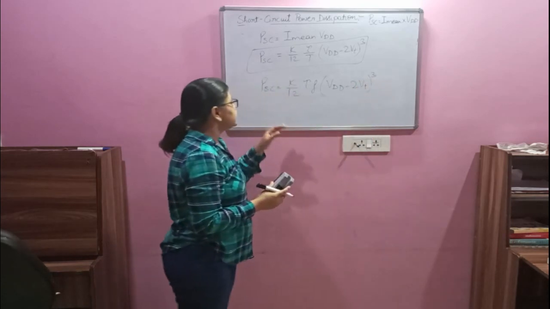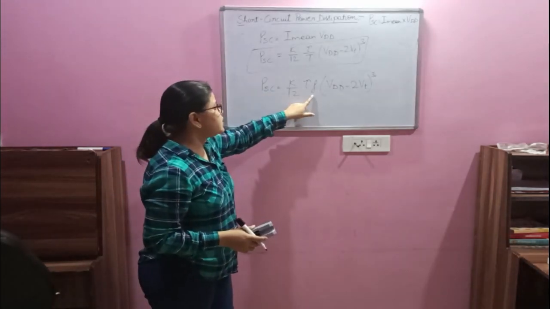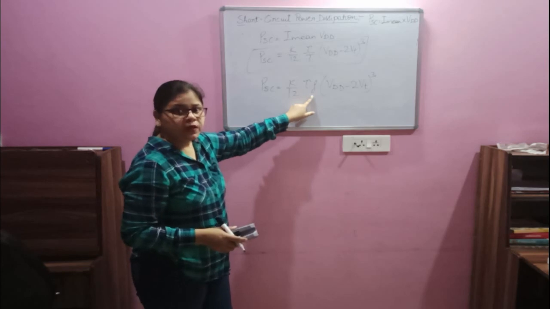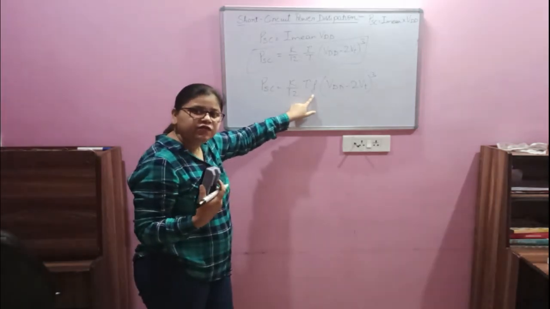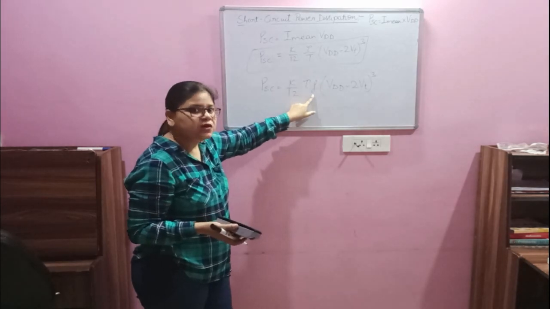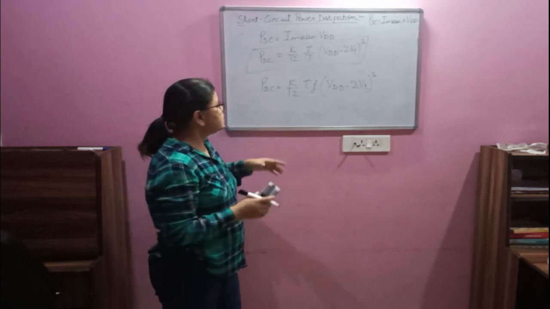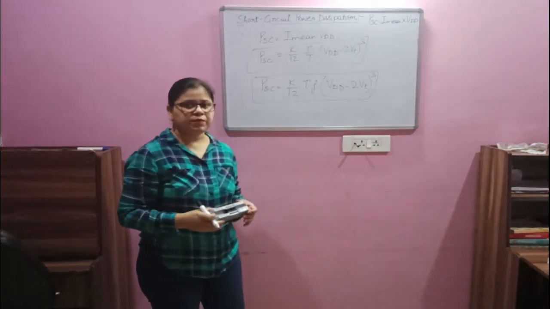So basically the short circuit power dissipation is dependent upon the input frequency of the signal. It is proportional to that. So this is also a very big consideration to be taken. If a high frequency signal is chosen, then obviously the short circuit power dissipation will be more. And this is the complete formula for short circuit power dissipation.